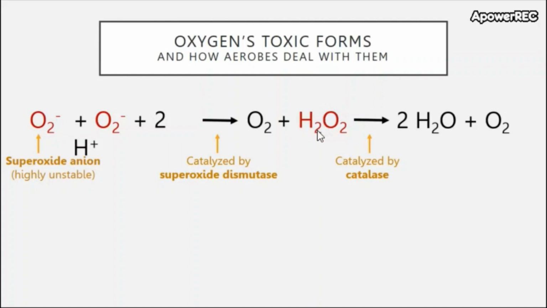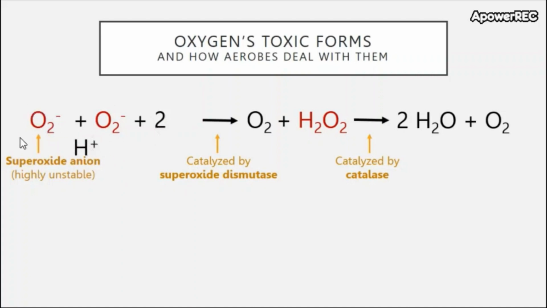So cells that have catalase can catalyze this reaction where they convert H2O2 into 2 water molecules and an oxygen molecule. And I apologize, back here, this was supposed to be one line. This was supposed to say 2 hydrogens.